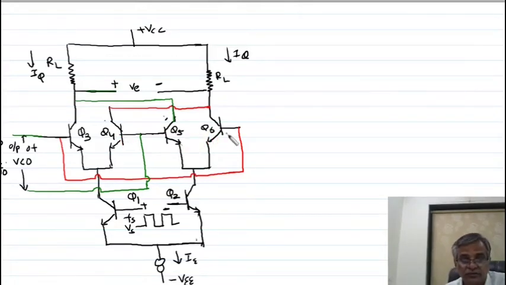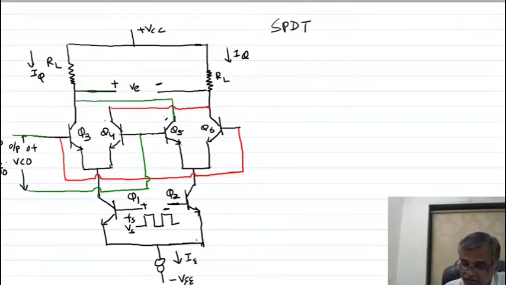Now I am showing you, yes, these two transistors work as an SPDT switch. It is assumed that the signals Vs and Vo are sufficiently high to make the transistors on or off.